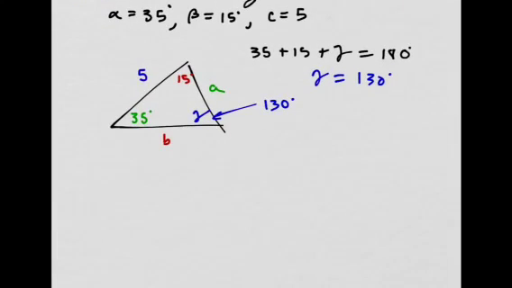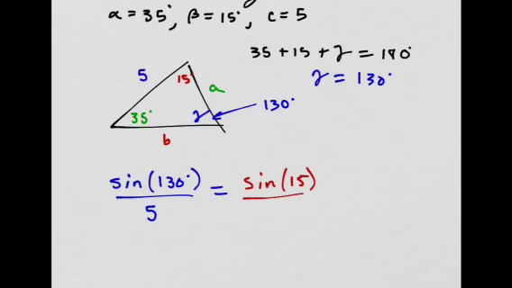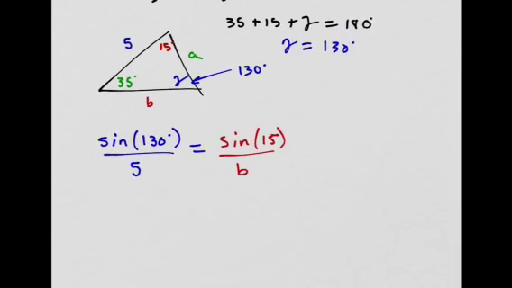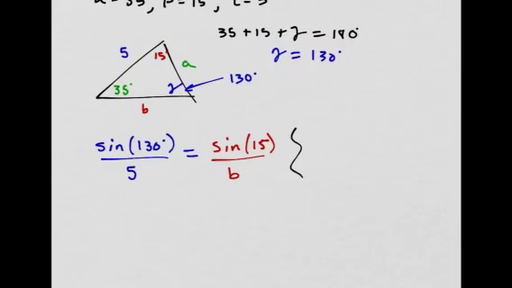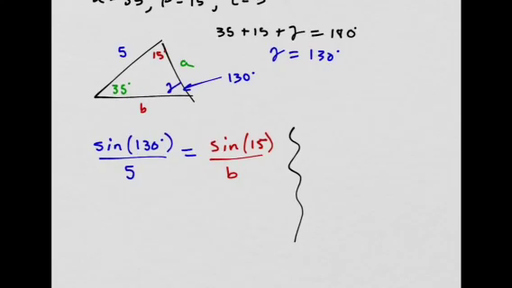I'm going to say sine of 130 degrees over 5, that's our C value, equal to sine of 15 degrees over B. For that part, I can solve for B very easily.